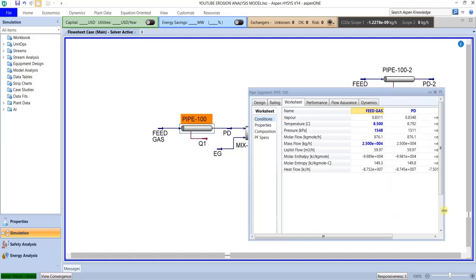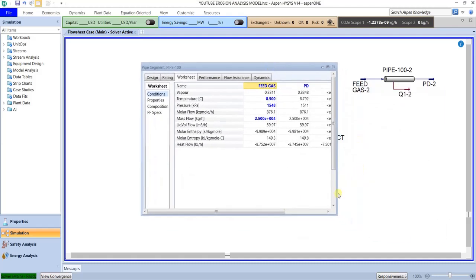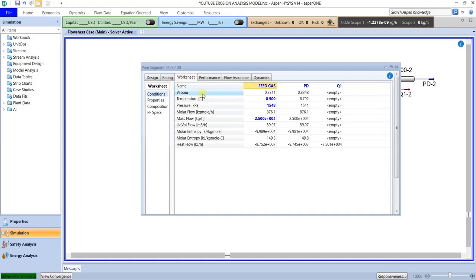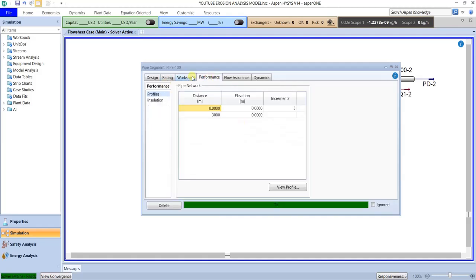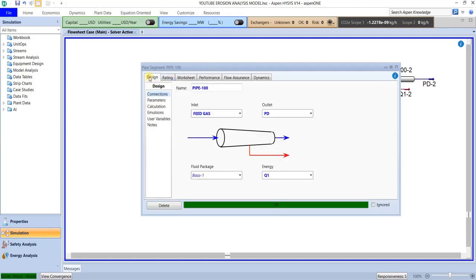So if you missed that particular video, you can check simulations with Aspen Hysys. You will see where we illustrated how to model pipes, right? So this particular tutorial is for erosion, right? Strictly for erosion. So I'm just going ahead.